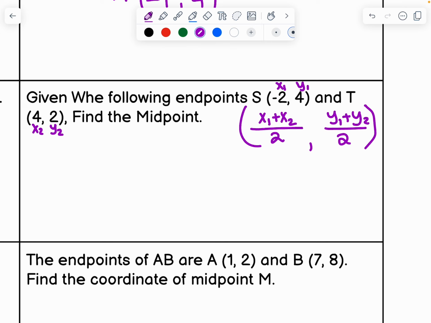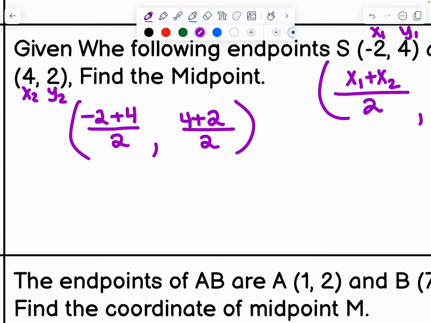So what is our x1? -2. Plus what's our x2? 4. What is our y1? Our y1 is 4. Plus what's our y2? 2 divided by 2.